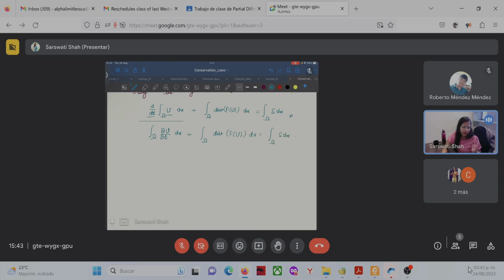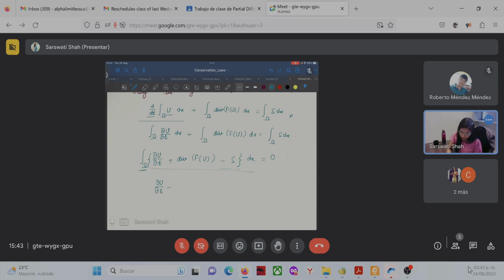Now we have taken an arbitrary domain omega, so if we keep it like this, this integral is 0, and this omega is an arbitrary domain, and the integral of a quantity is 0, so the quantity will be 0.